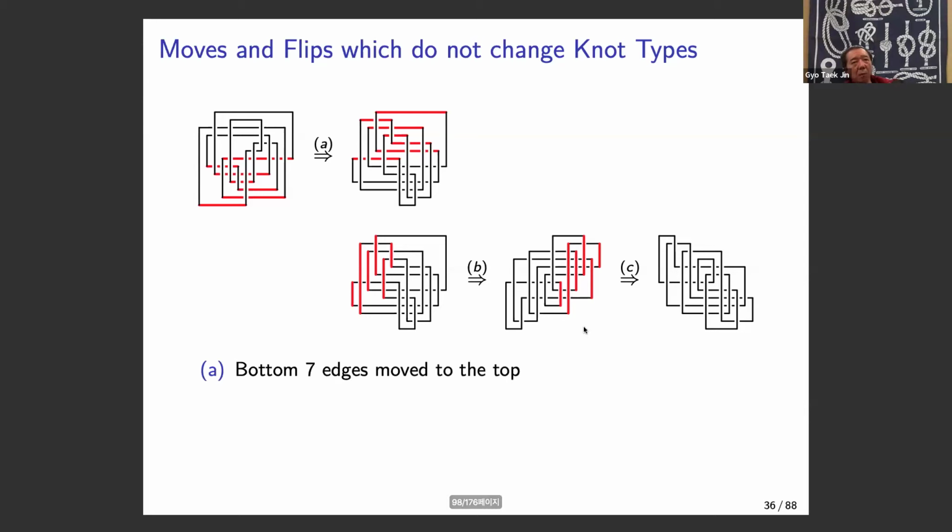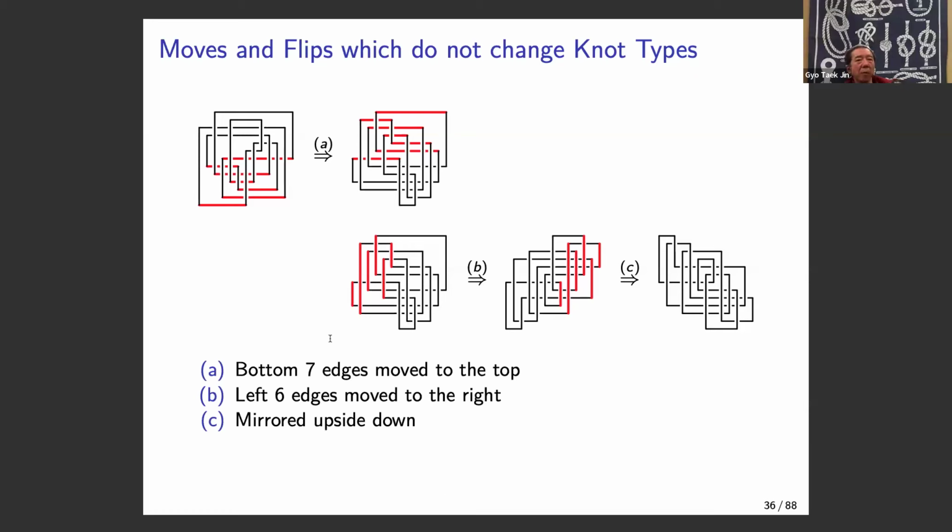So for grid diagrams you can move vertical segments on either side to the other side, one by one, or you can put them together, or you can also reflect.